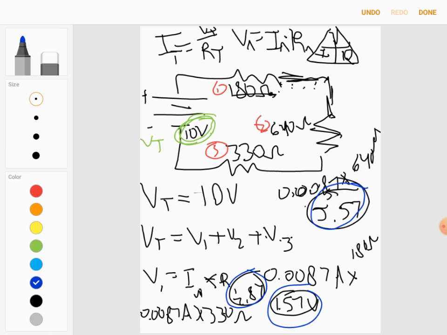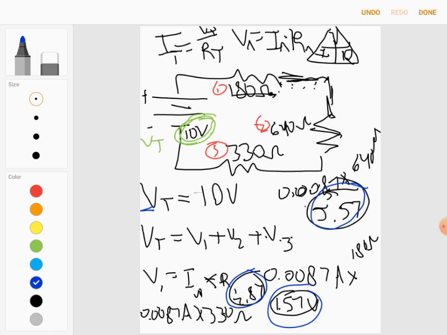There is a way you can check your work, luckily, so that you can make sure you get it right. And that is Kirchhoff's law. Kirchhoff's current and voltage law, but in this case we're going to use the voltage law because we're dealing with volts. The sum of all the volt components equals the total voltage.